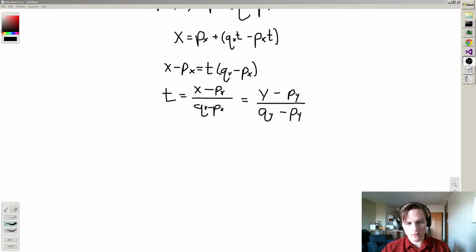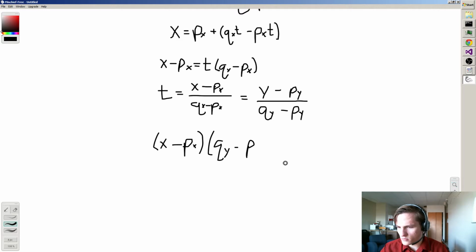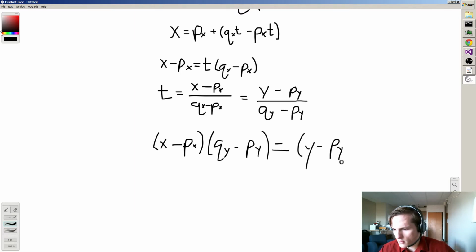So, cross multiply: (x minus px) times (qy minus py) equals (y minus py) times (qx minus px).